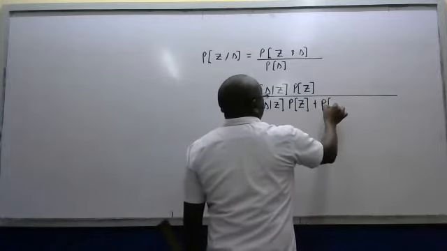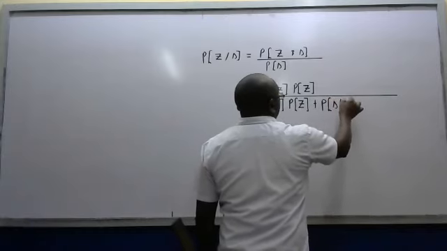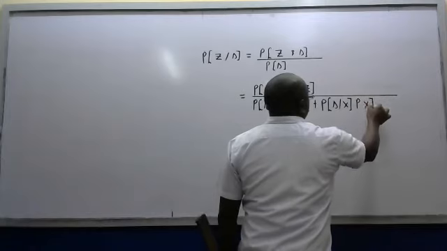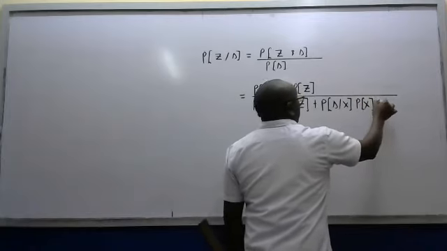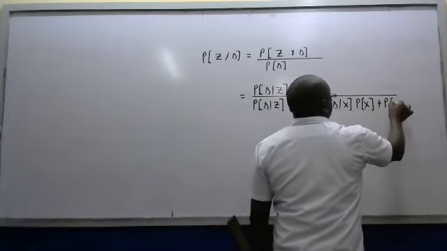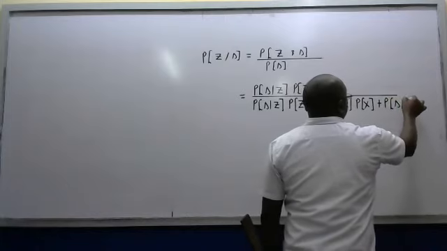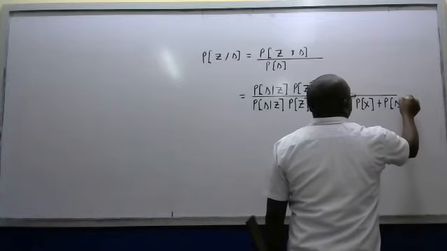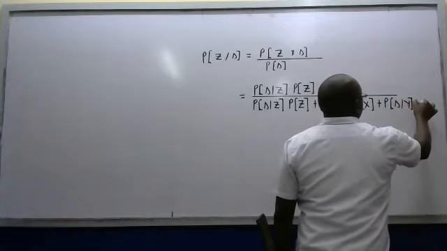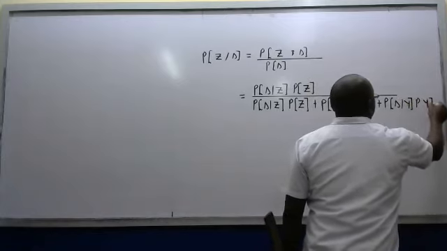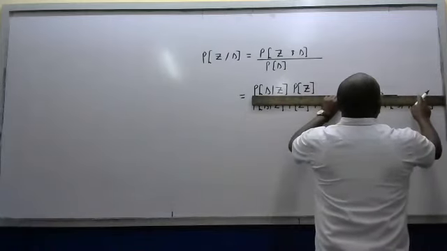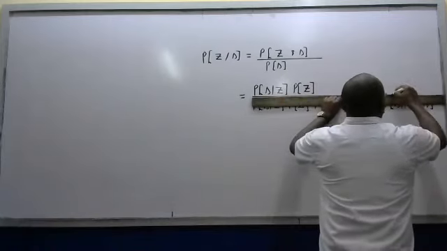So probability of a defect given X multiplied by probability of X, plus probability of a defect given Y multiplied by probability of Y.